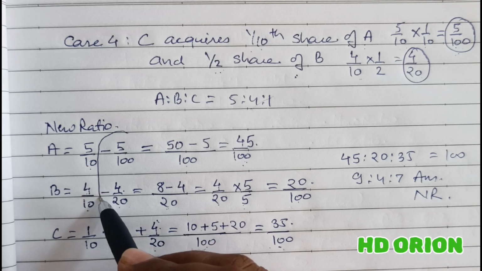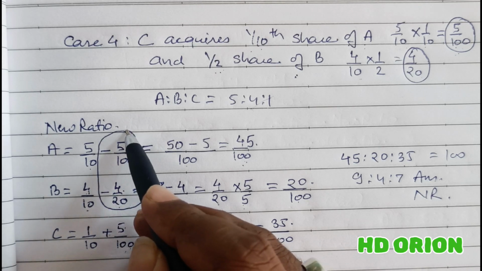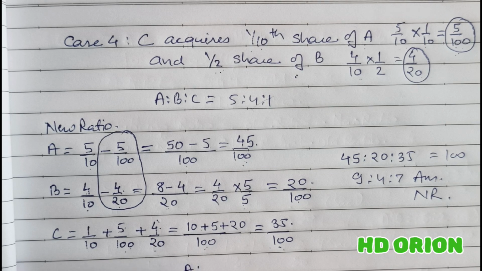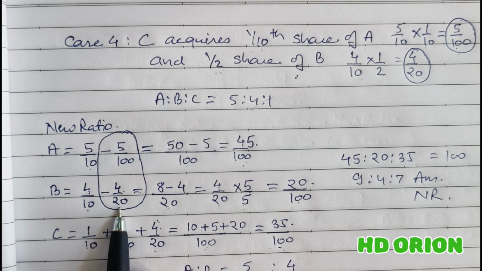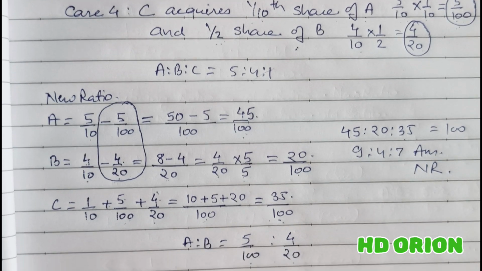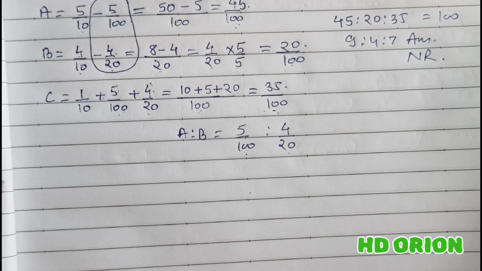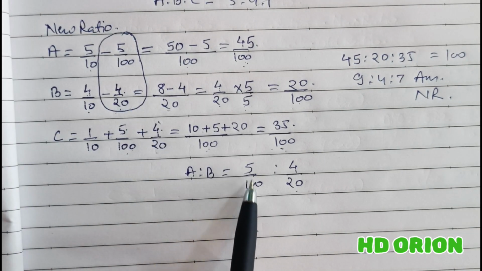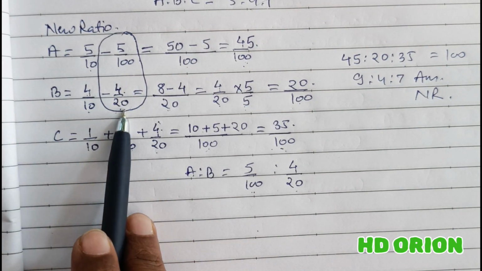So what is the sacrificed amount for A and B? For A is to B is equal to 5 by 100 is to 4 by 20. Fine, 4 by 20, now the denominator you have to make 100. You see, 5 by 100 is to 4 by 20.